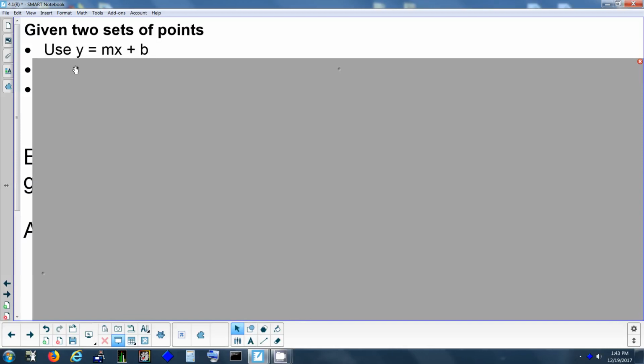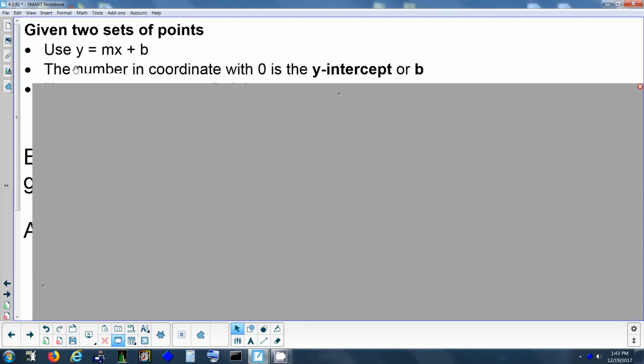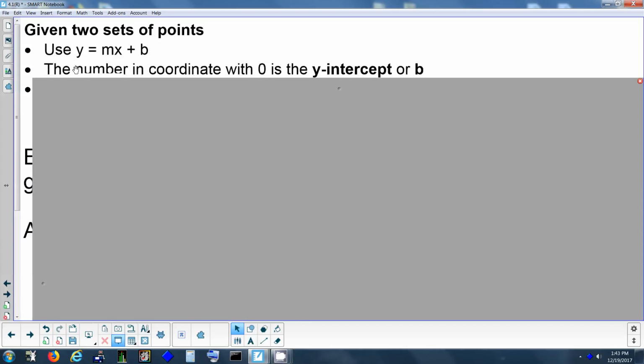Now, the next thing says the number in the coordinate with 0 is the what? We've already talked about this. What's the other number with 0? X-intercept? Y-intercept. What letter represents that in the equation? B. So we just filled in those blanks. You have 0, comma, whatever that number is.